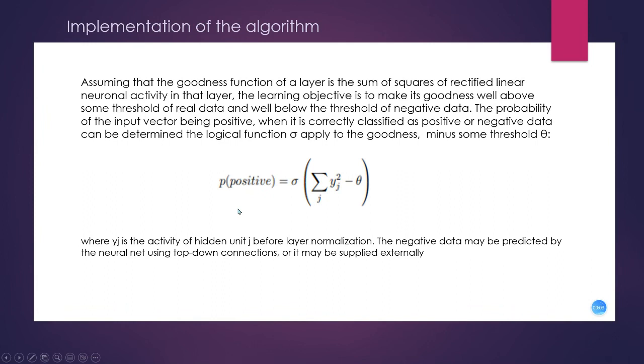The mathematical formula is: the probability of positive data equals the logistic function of the sum of the squares of Yg minus the threshold.